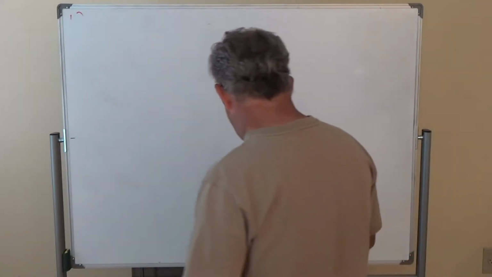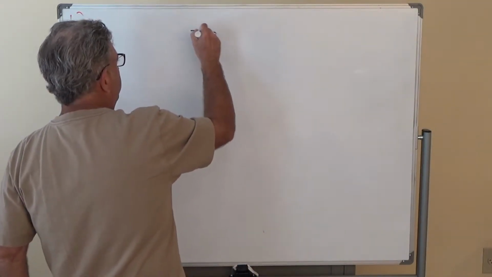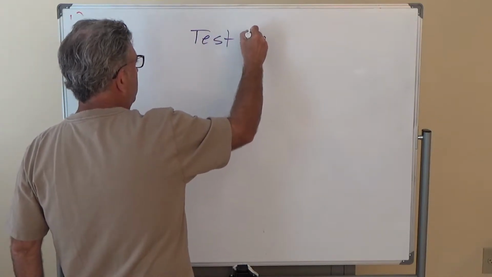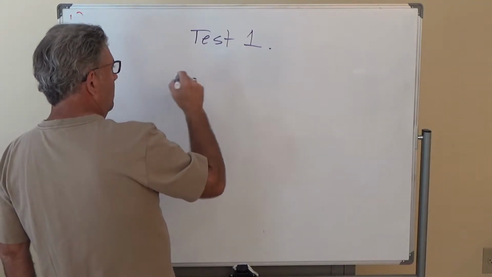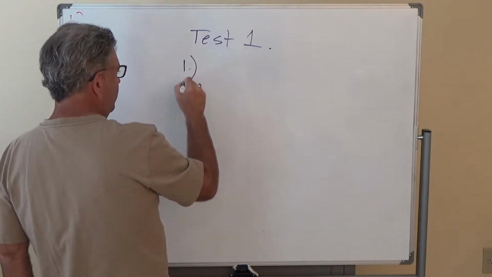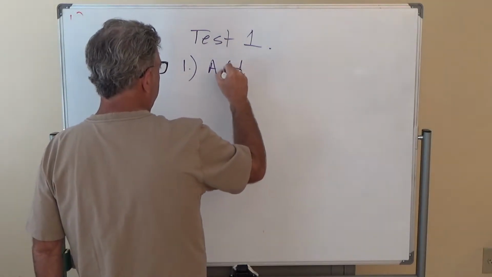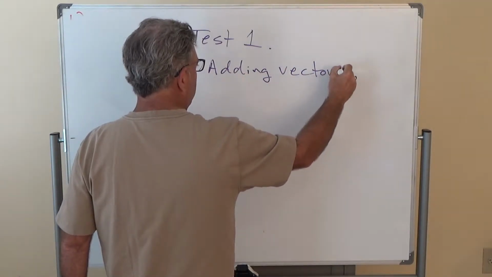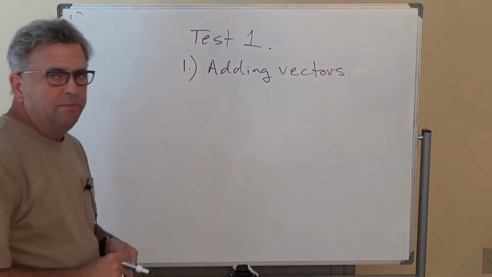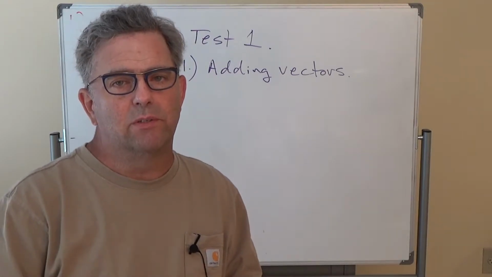So I'm going to tell you what's going to be on the test. So this is test one. There'll be 5 problems, not necessarily in this order. One will be adding vectors. So a straightforward, given 2 or 3 vectors, find the resultant.